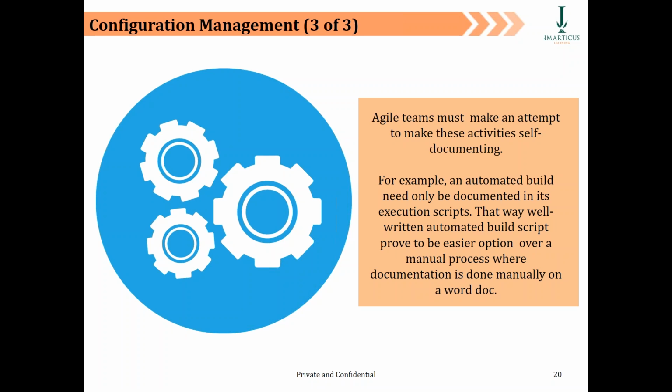But you need to do some smart documentation in Agile, right? After all, the project must have its own documentation and details about what was done, when it was done, how it was done, etc. So you need to make these activities self-documenting, which means the answer is automation.